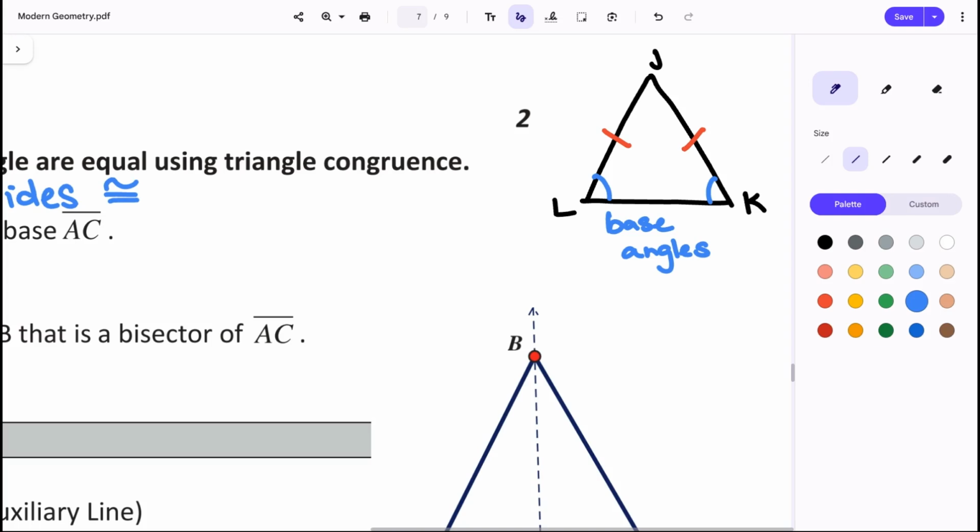It's important that you can recognize where the base angles are because they might switch the perspective of the isosceles triangle. What I mean is maybe they'll go like this instead, and they'll say that these two sides are the same. Let's say we call this triangle M, N, and O. Where would your base angles be now?